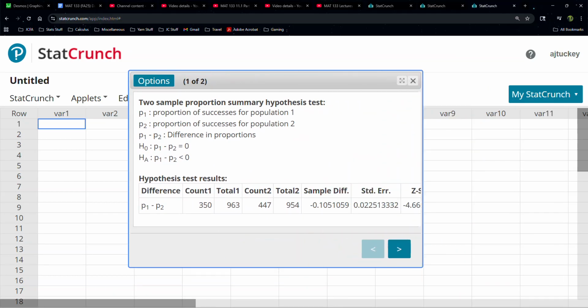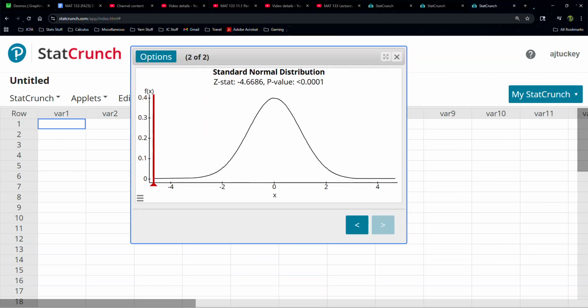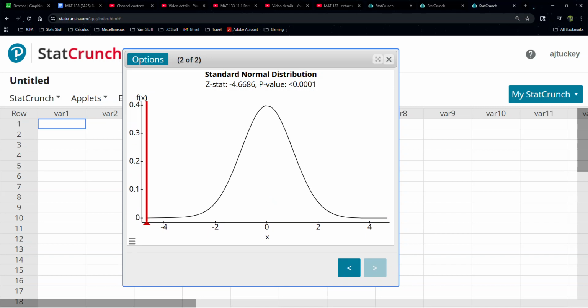And there's a lot of information on the first page, but honestly, everything we need is on the graph page. It's all right here. We can see the graph, we can see the z-stat. So the z-stat, where it says that, is negative 4.6686. That is our step 3. And then the graph, well, it's really far out there.